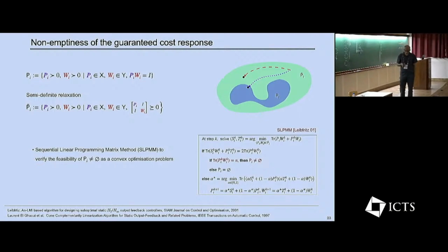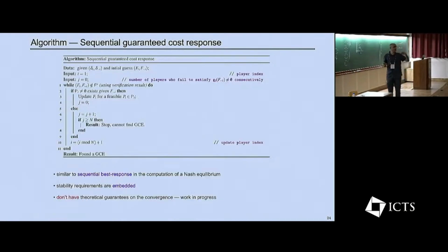So now I have a convex optimization based test to verify if the guaranteed cost response is non-empty or not. So, similar to a sequential best response, we can also devise a sequential guaranteed response to construct this guaranteed cost equilibrium.